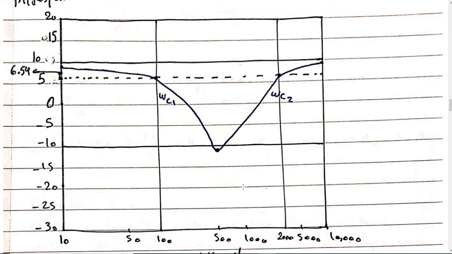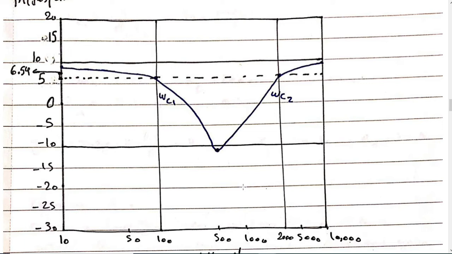Because this is a band reject filter, how many cutoff frequencies do we have? Two cutoff frequencies, the lower cutoff frequency and the higher cutoff frequency. So what is the equation for the lower cutoff frequency? Isn't it 1 over RLCL?